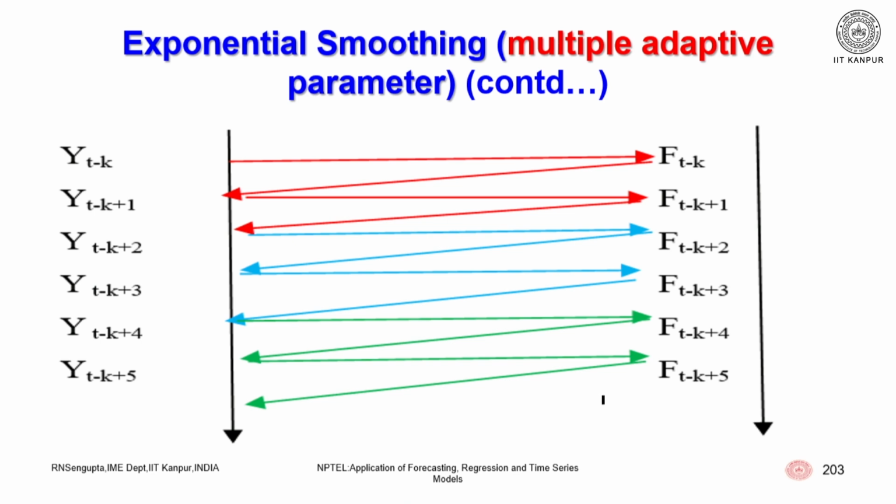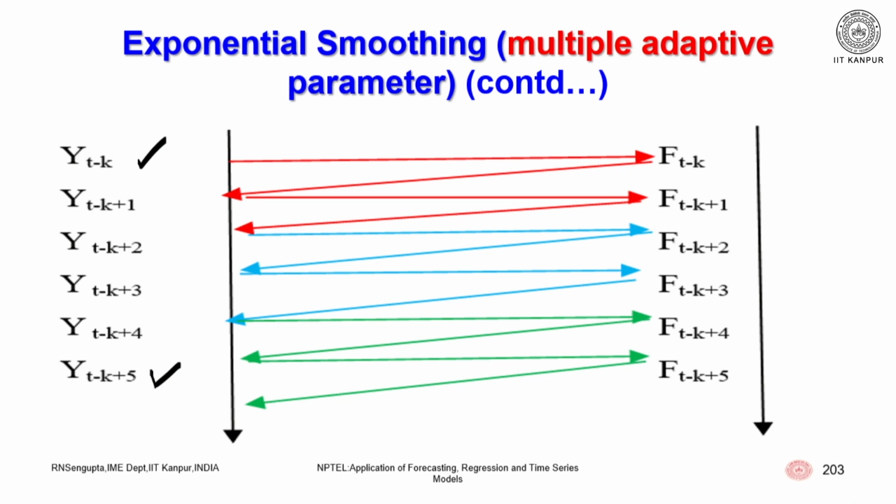So, what do I have is y t minus k, k can be any value. So, how long we want to go back in the past, and it goes one step at a time, y t minus 1, y t minus k plus 1. So, t minus k, t minus k plus 1, t minus k plus 2 are all in the suffix of y. So, again I am reading y t minus k plus 1, y t minus k plus 2, and it goes on till y t minus k plus 5.